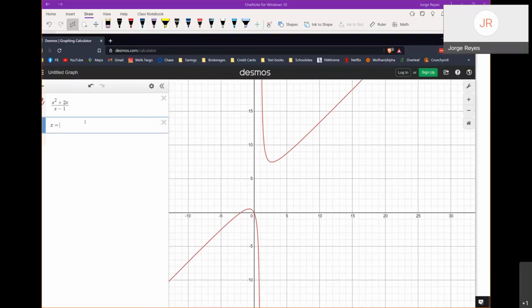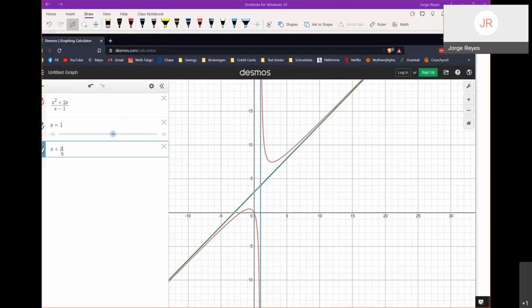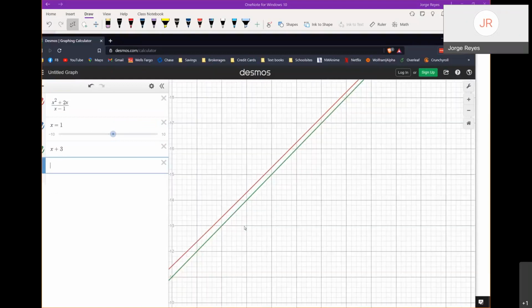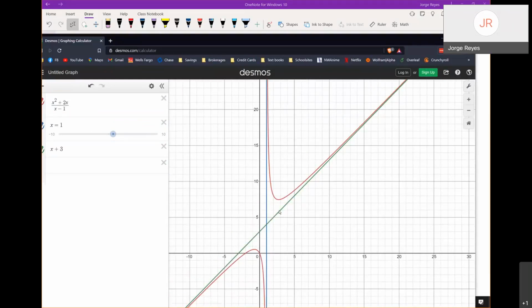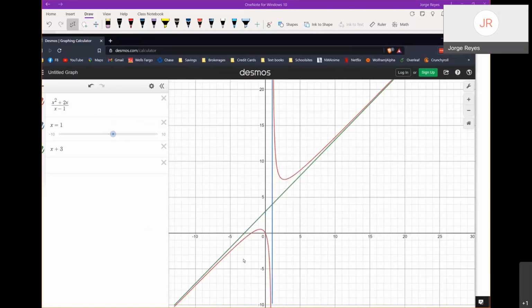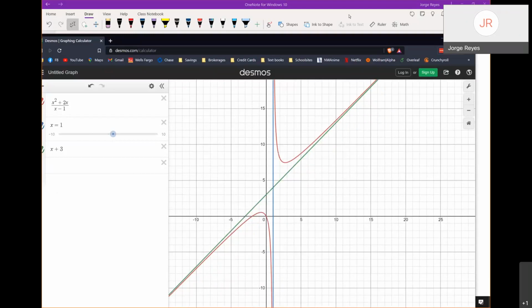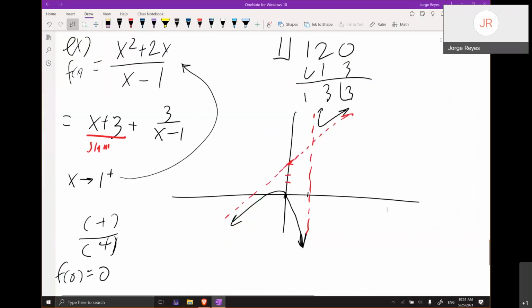And we see the vertical asymptote at 1, that's working fine. And then x plus 3, we see the slant asymptote. That's what's happening there. So not horizontal, it's slanted. And we get this V thing. But that's the slant asymptote case.